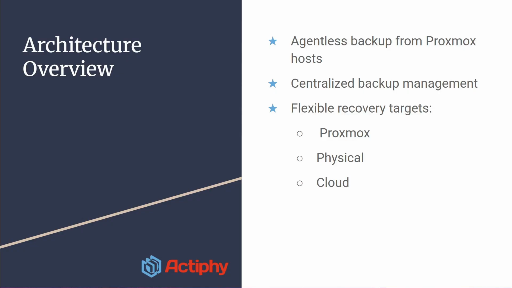At the architectural level, recovery flexibility spans the full spectrum of infrastructure: Proxmox, physical hardware, and supported cloud platforms. The same protected system image can be restored into any of these environments depending on operational needs. That flexibility transforms backup into something more than a safety mechanism. It becomes an enabler of modernization, an enabler of disaster recovery planning, and an enabler of infrastructure evolution.